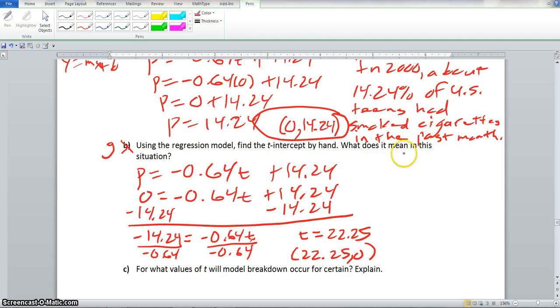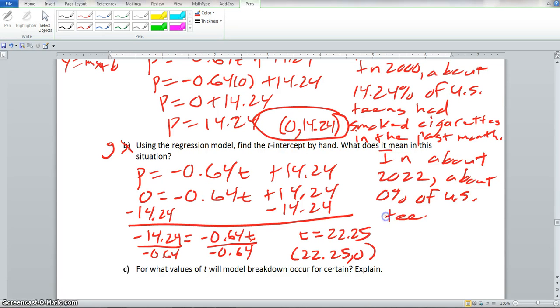Now, it says in about 2022, about 0% of U.S. teens will have smoked cigarettes in the past month.